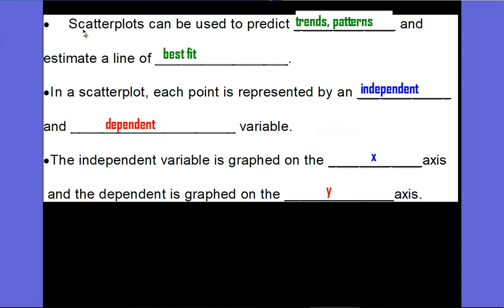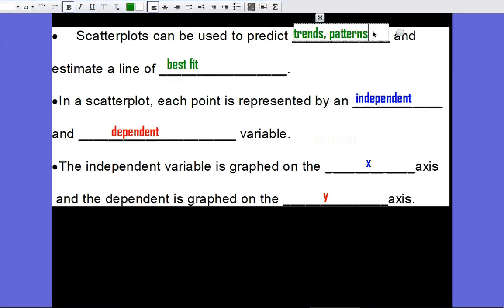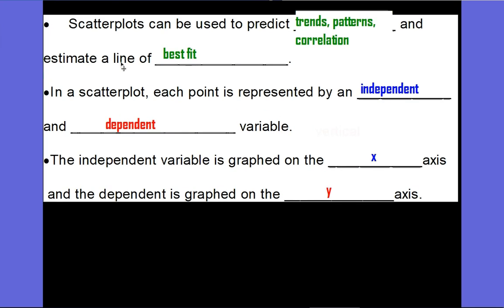For instance, a scatterplot can be used to predict trends and patterns. You can have correlation as well. And you can use it to estimate the line of best fit, and I'll show you how to do that in another video more specific to that topic.